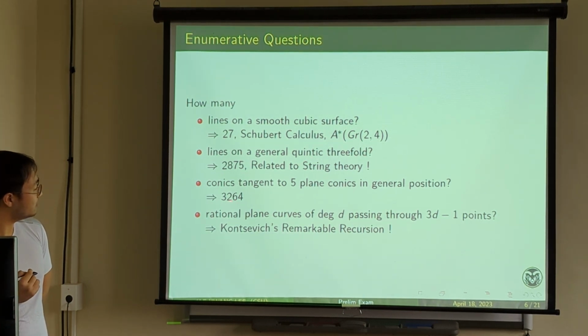And 3264 is known as the title of a book. Now here you can see a tangency condition, and that's exactly a geometric condition. Then the fourth one is rational plane curves of degree d.